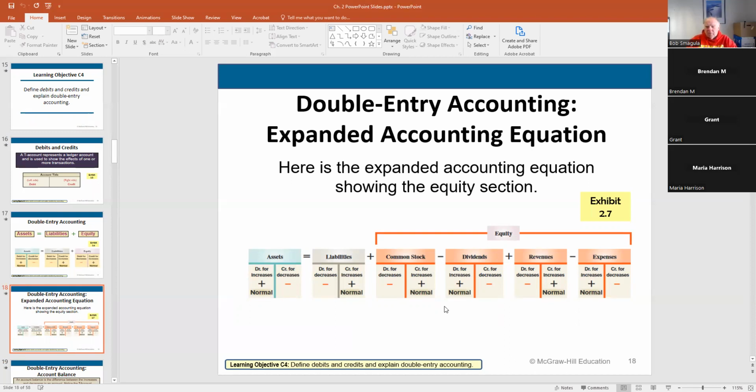Again, the normal balance means the side of the T account, left or right, debit or credit, which increases the balance. And you just have to memorize these. That's all there is to it. It's really not that much, but it's rather counterintuitive and can cause a little bit of anxiety as you get going with the accounting world.